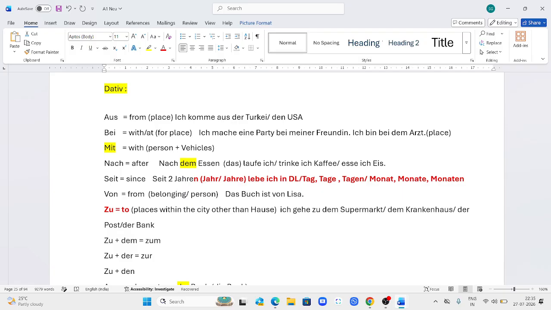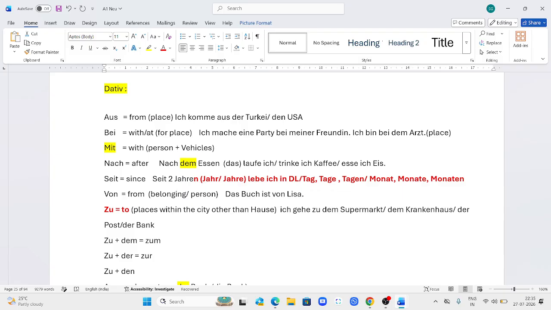Anything after, then it is nach. Seit means since. Von is belonging. This belongs to. The book belongs to the teacher. Das Buch ist von dem Lehrer.